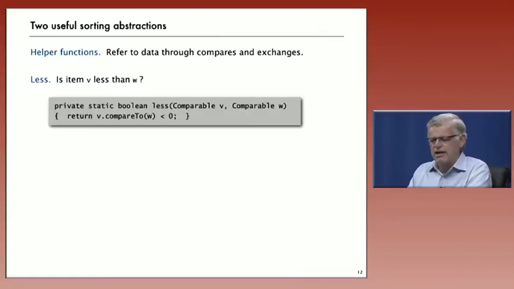And the way we do that is to take the 2 primary operations, compares and exchanges, that we use to refer to data and encapsulate them just as static methods. So we're going to use a method less that takes 2 comparable objects as arguments, and it just returns v.compareTo(w) less than 0.